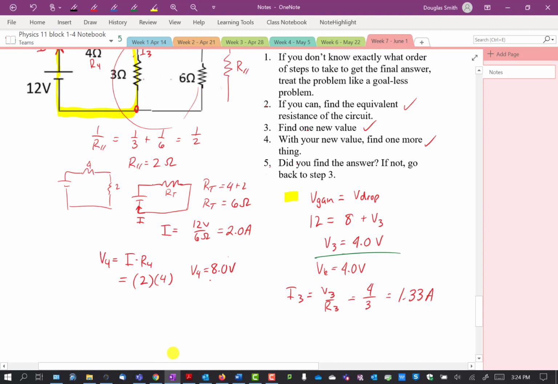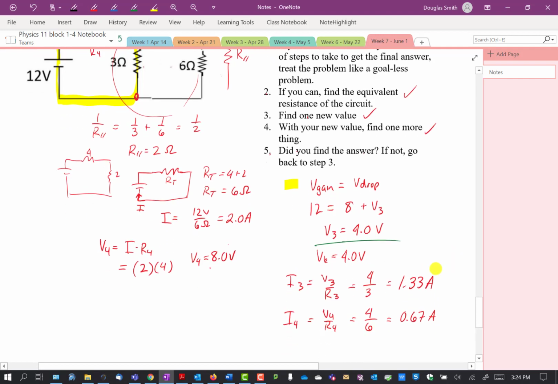And I could do the same for the current I4. I4 is V6 over R6. So V is the same, 4 volts divided by 6 ohms. So that is 2/3, so that's 0.67 amps.